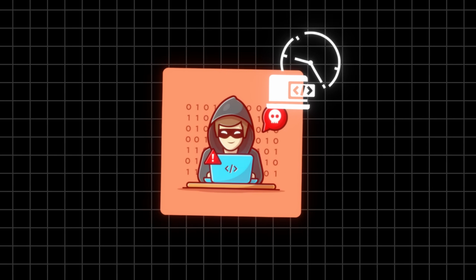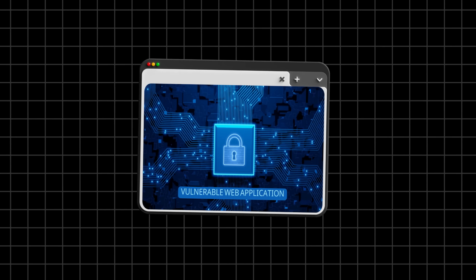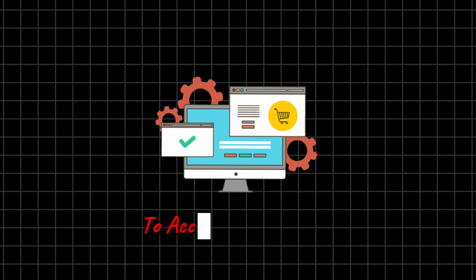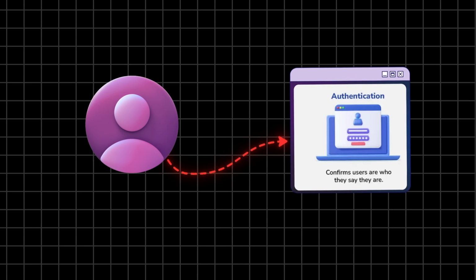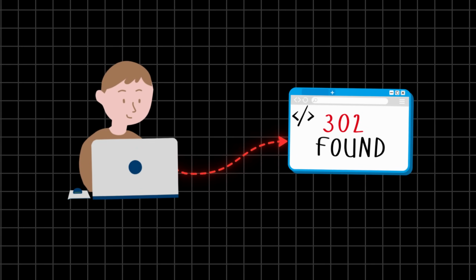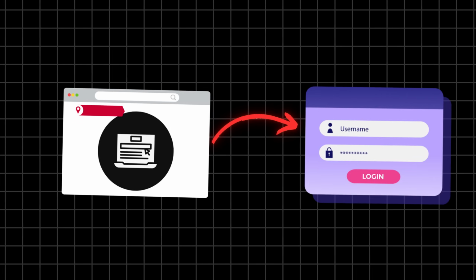Now, the thing is that sometimes, and to be honest, many times in vulnerable web applications, when you try to access an endpoint that is supposed to be accessible only once you are authenticated, in the response you'll get the response code 302 Found, and then there will be a Location header that redirects you to a desired page, for example, the login page.